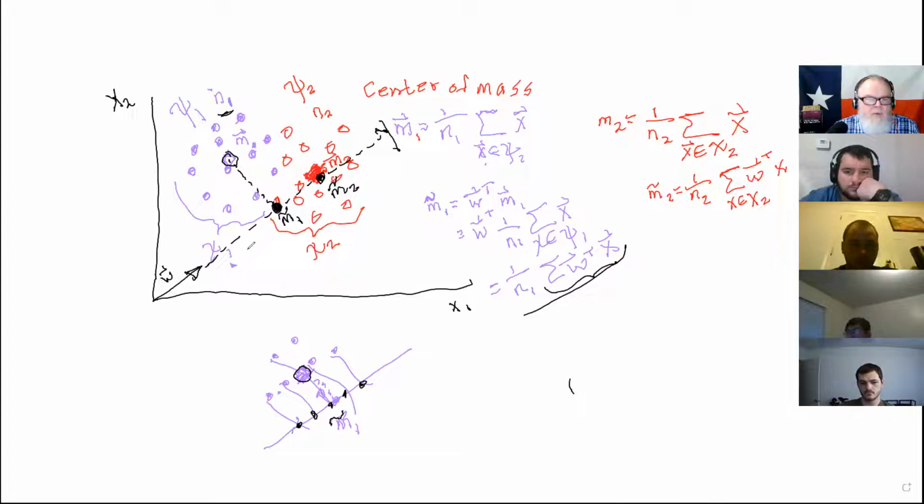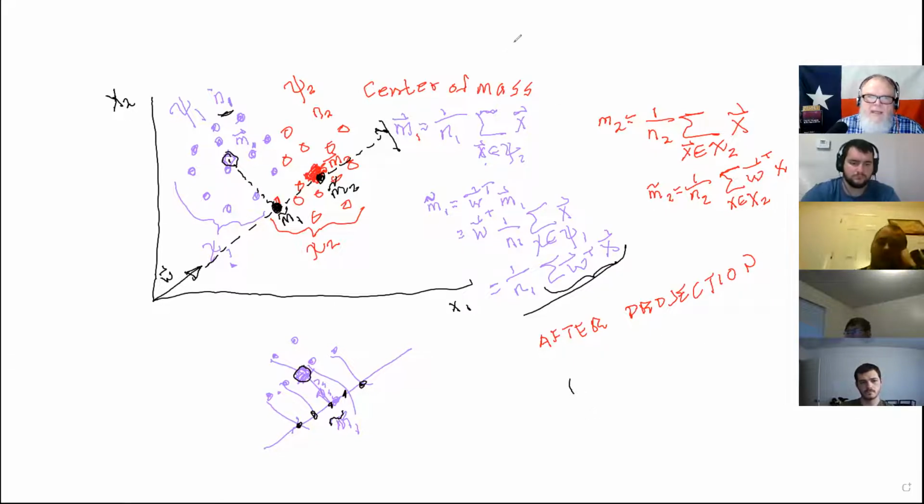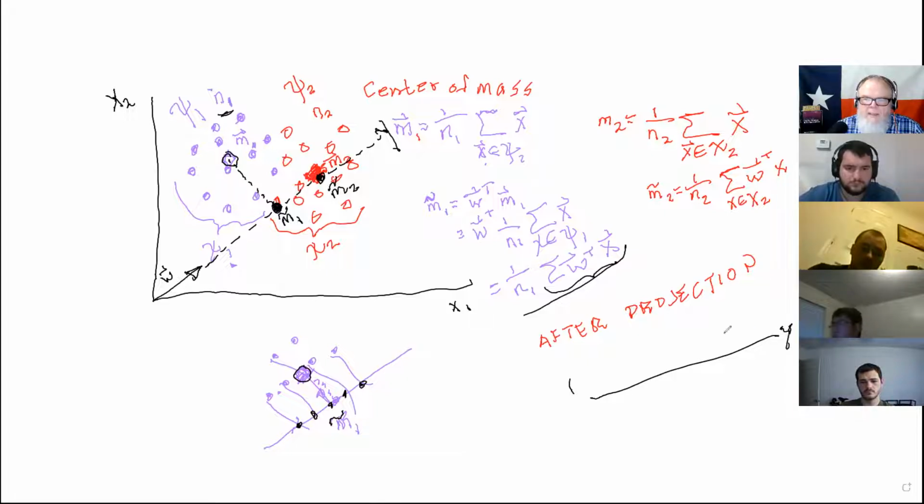And in a similar fashion, when we project those, after projection, we're going to have this line, which is called Y. And then we're going to have purple points on it. And we're going to have red points on it.